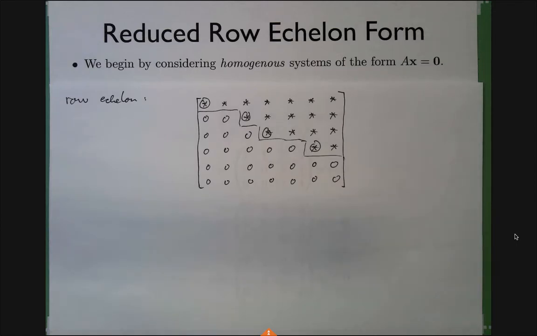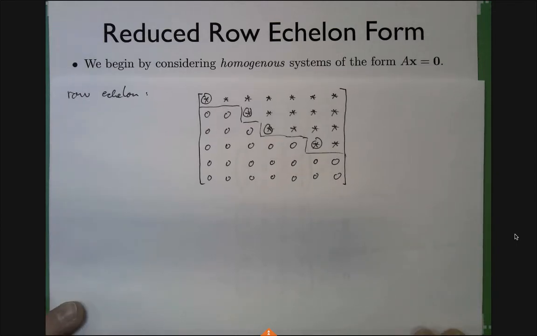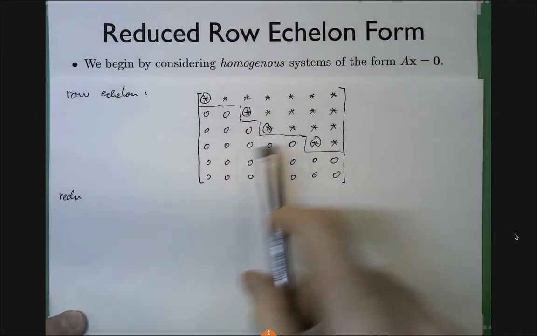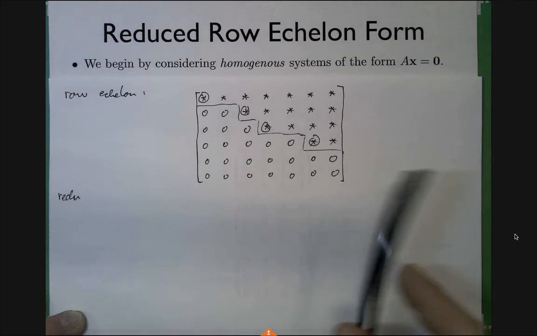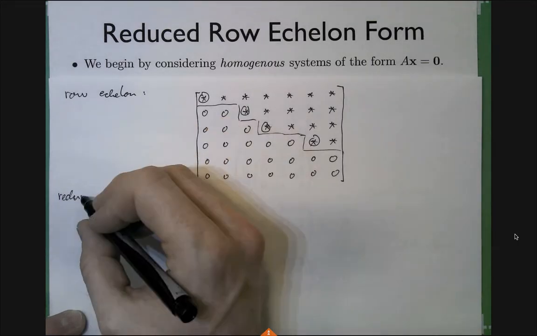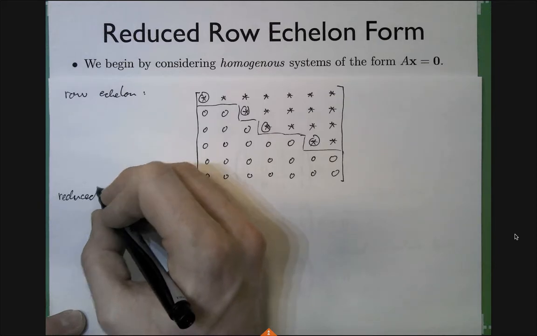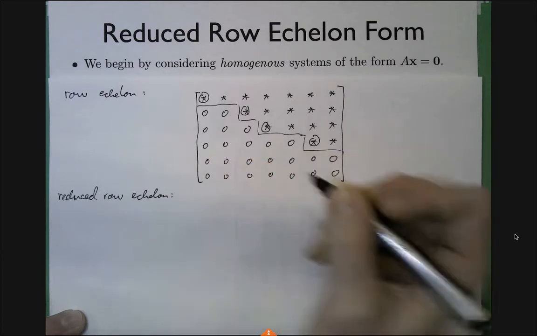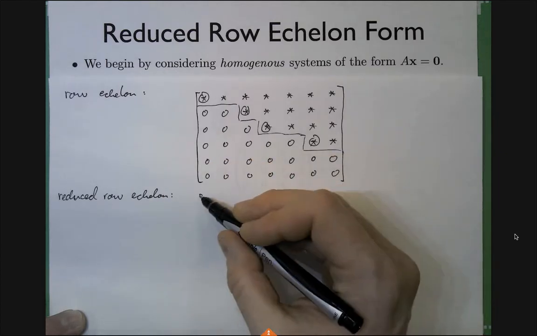Okay? And if I contrast it with the reduced row echelon form, this is sort of the mid step. This is what you get after just doing the plain vanilla Gaussian elimination. And I can further eliminate it to the reduced row echelon form, which will look for the same matrix like this.